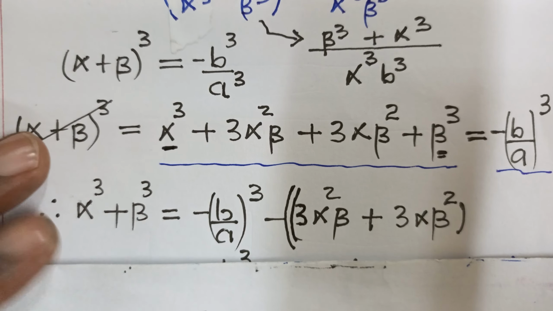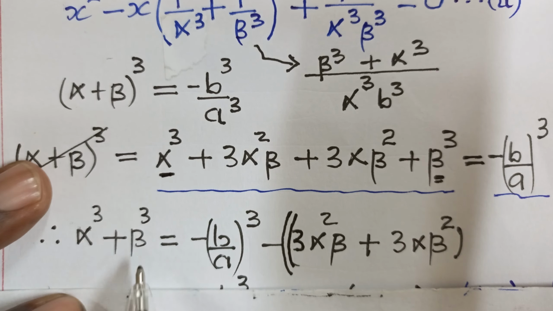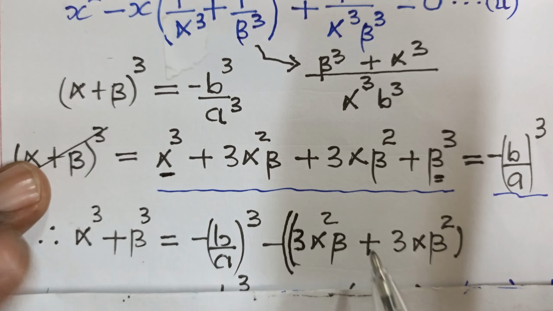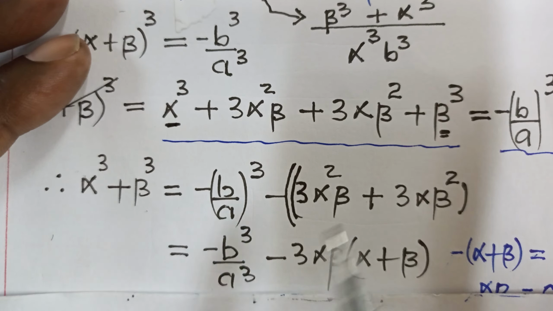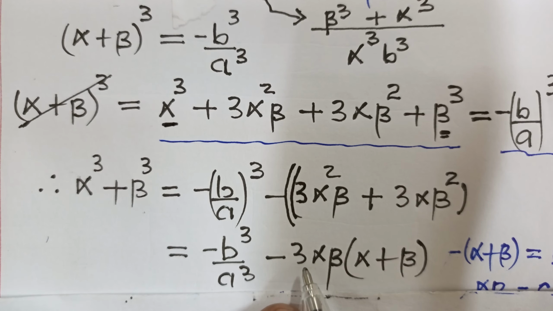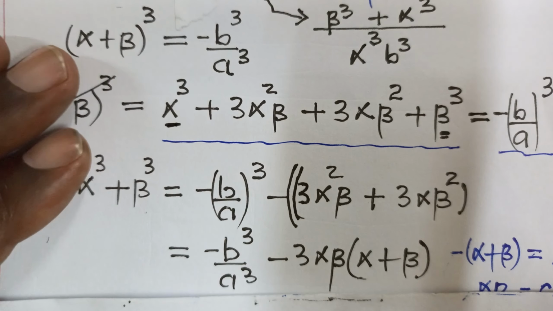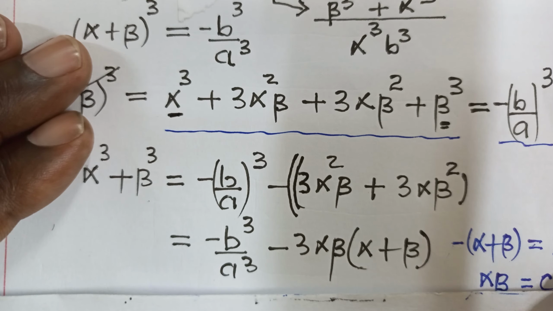Now from there, guys, as you can see already, we have alpha cubed plus beta cubed expressed as that. What we now need to do is to come to this position. Already we can factor out 3 alpha beta, and we are left with that. Being left with alpha plus beta, we can replace that with negative b all over a.